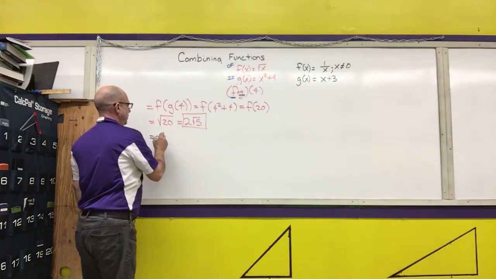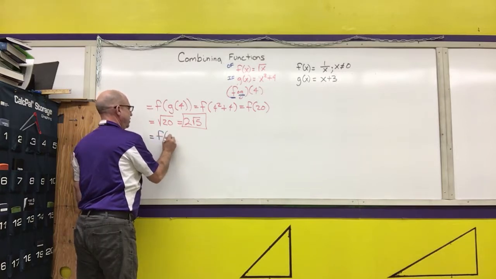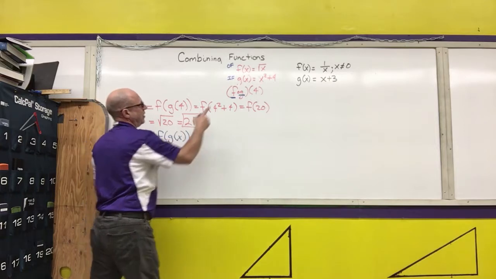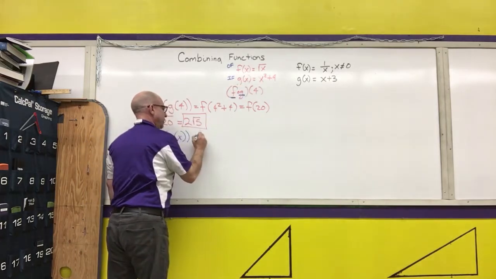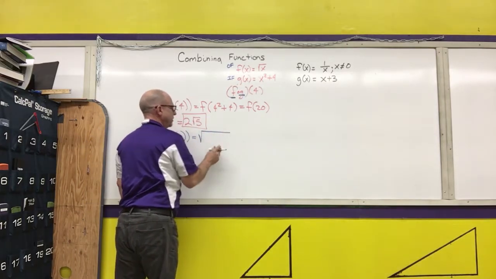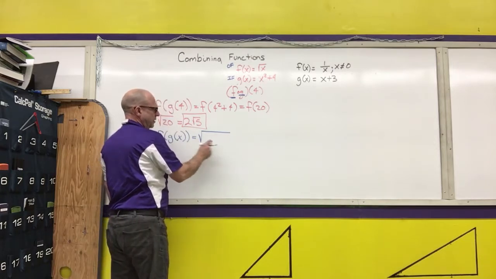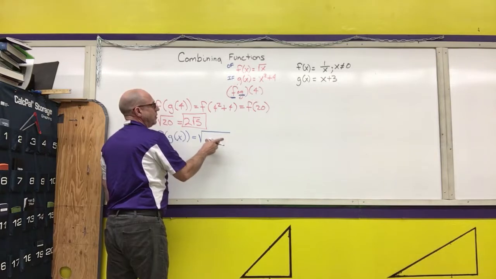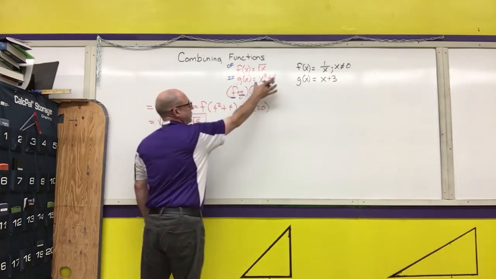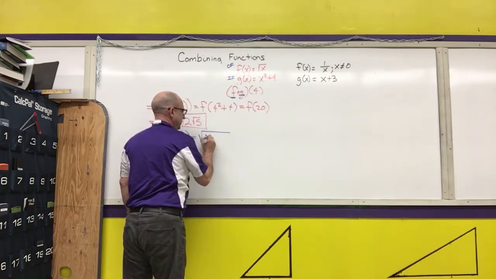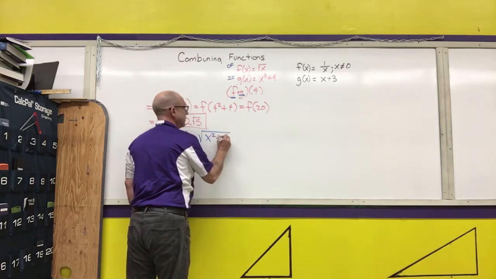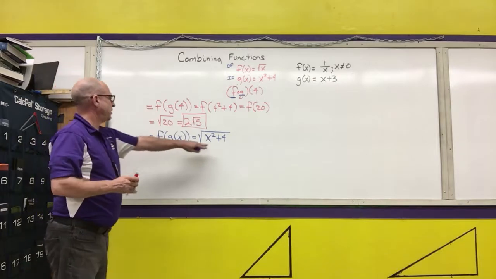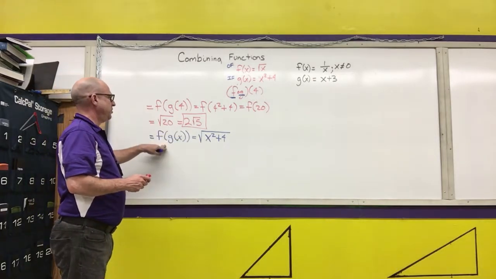So if I want to write down f of g of x, this is equal to the outside function, which is the square root of x. So I write the square root of x, except where there's an x, I put parentheses. Well, there's a default set of parentheses underneath this radical. And inside that parentheses, I write the inside function.